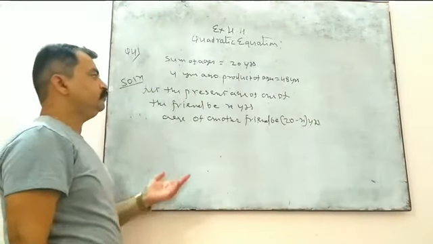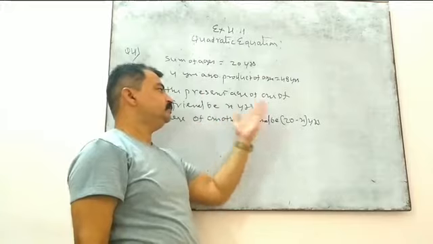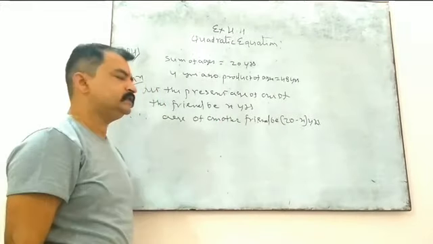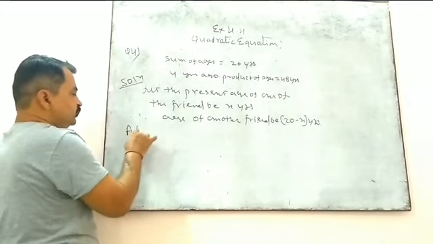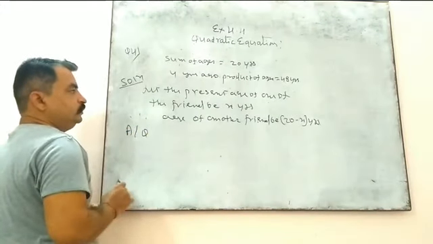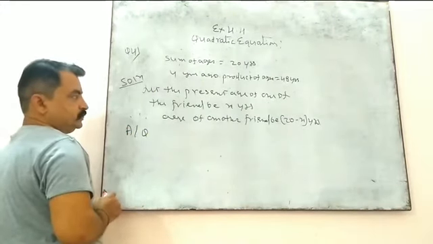So out of 20, one will be assumed as x years, so the other will of course be 20 minus x, right? Now according to the question, 4 years ago the product of their ages.